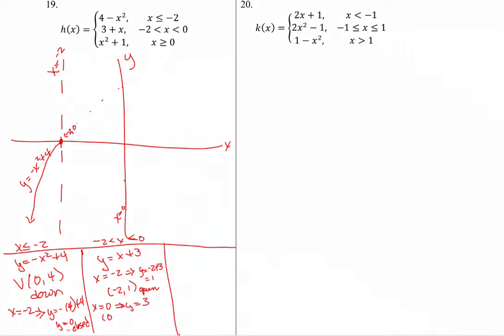So I have the point (0, 3), and that's also open. So at -2, I'm 1, and I'm open. And at 0, I'm 3, and I'm open. So I have the point (0, 3) and the point (-2, 1). And so right here, I'm the line y equals 3 plus x.